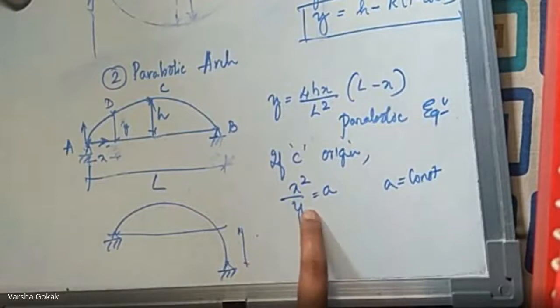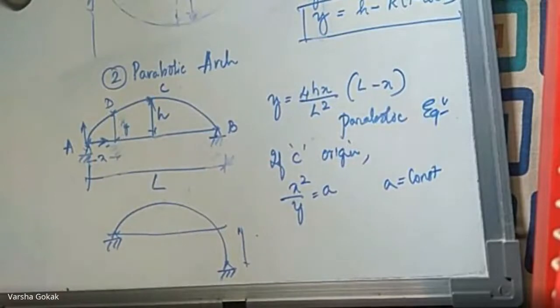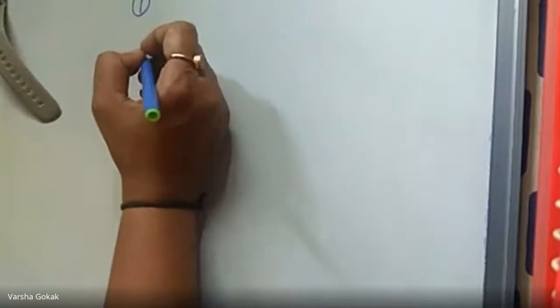We have to apply this parabolic law, x square by y equal to a, to both of these conditions. So next, if I'm writing that condition, there's a bit of theory here, meaning derivation. Try to understand this. I'll be sharing the video on YouTube also, half an hour after the class. That link will be given to you. You can go through the video again.